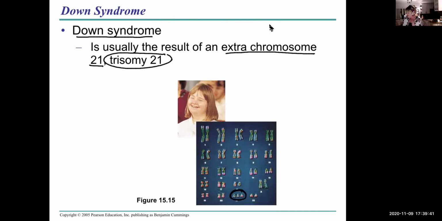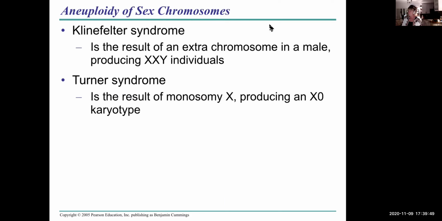That occurs in a lot of different kinds of traits, some various developmental anomalies. Klinefelter syndrome is a result of extra chromosomes in a male, producing XXY individuals. Turner's is a result of monosomy X, producing an XO karyotype.